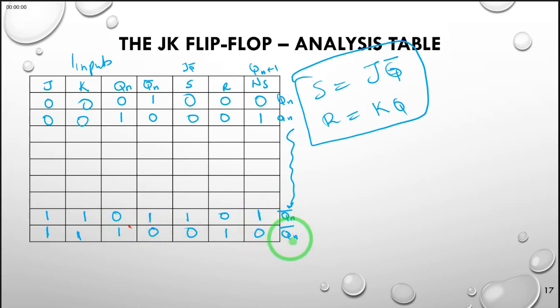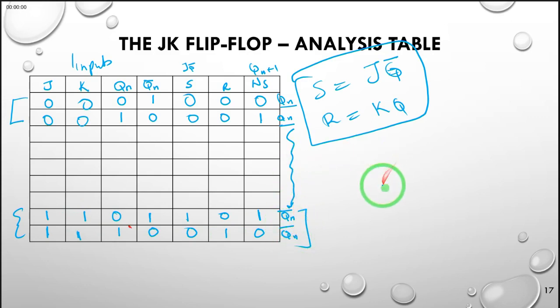So what you observe is that for the JK flip-flop, inputs J equals 1 and K equals 1 give us the opposite of what J equals 0 and K equals 0 give us. Those give us the next state as Qn, whereas J equals 1 and K equals 1 give us the next state as Qn bar.